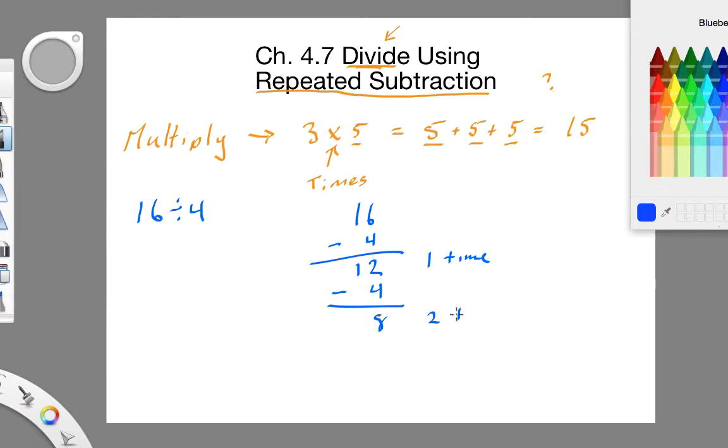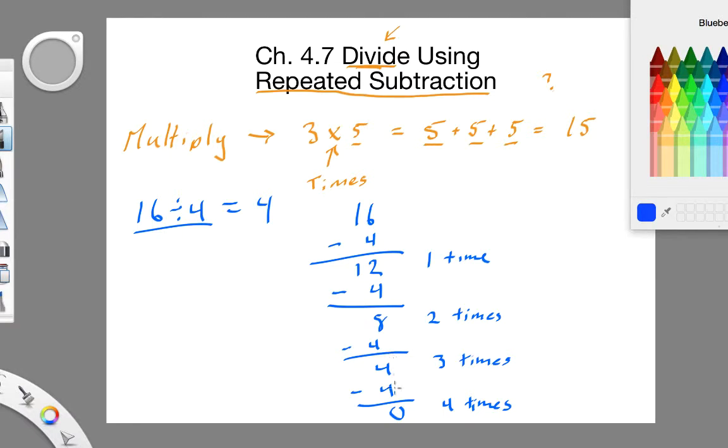That's 2 times. Minus 4, 8 minus 4 is 4, and that's the 3rd time. Minus 4, 4 minus 4 is 0, so that's the 4th time. Okay, so we count to 4 when we divide by 4, and I did it 4 times, so 16 divided by 4 is equal to 4.